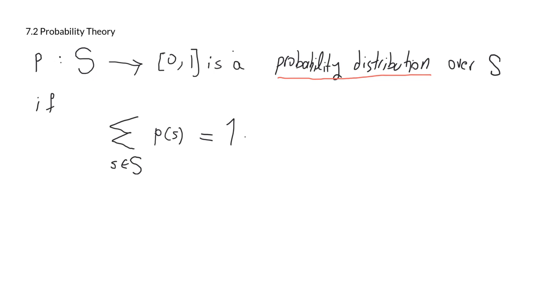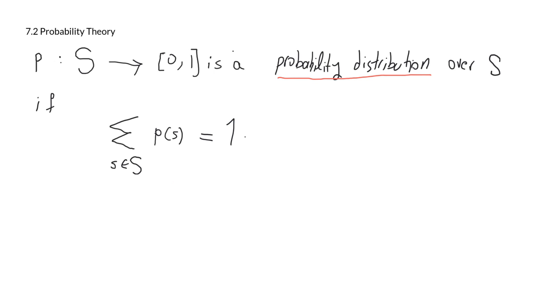So it has to assign to any sample a real number between 0 and 1, and it has to sum to 1 over all these samples. These two are the important properties of a probability distribution.